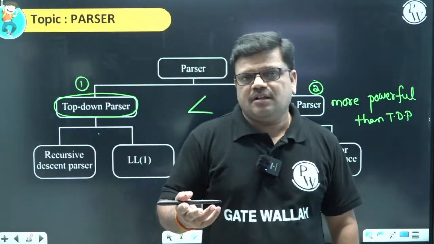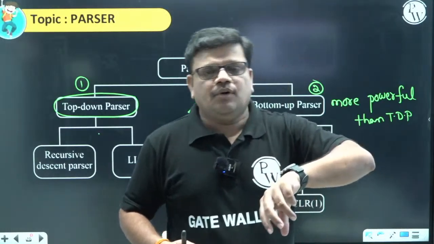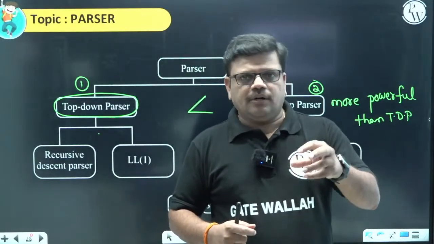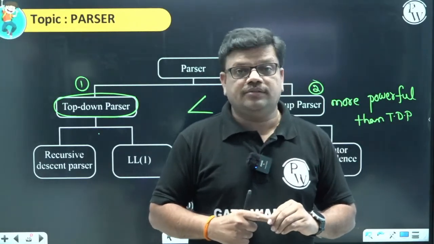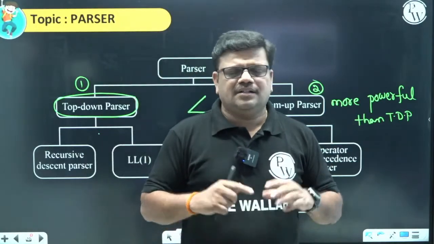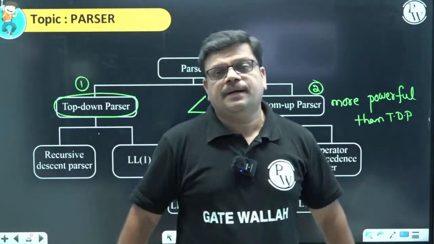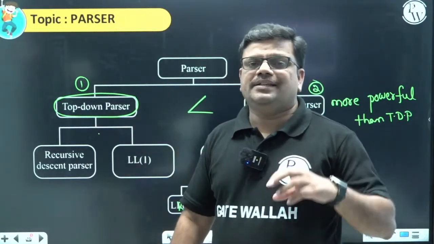In our discussion also, 2 to 3 classes we are spending on bottom-up parsers. At learning time and design time, we may feel a little complexity because they are more powerful, handling so many languages. But top-down parsers are very easy, and easy to construct.